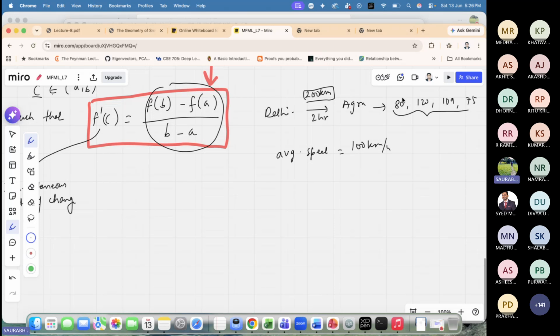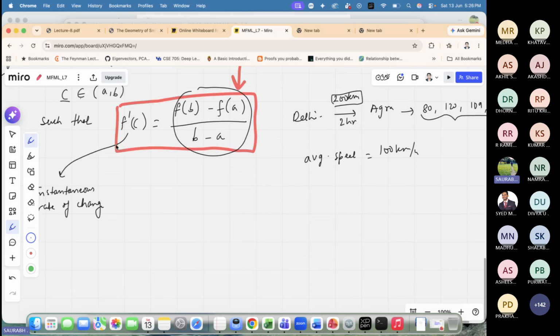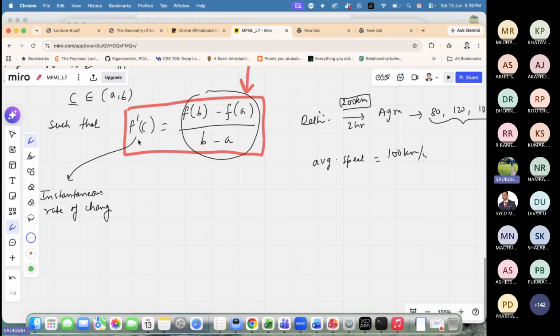So what Rolle's theorem says, what MVT says is, at some point in time, if you relate it to this example, the instantaneous speed that you see on your speedometer, which is the left hand side, might show a value of 100 at some point, which is exactly equal to your average speed.